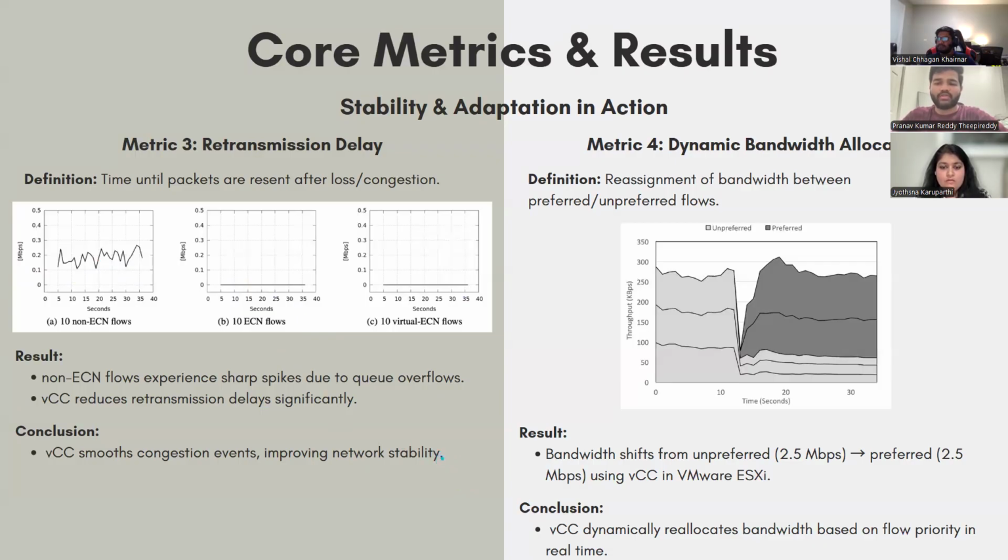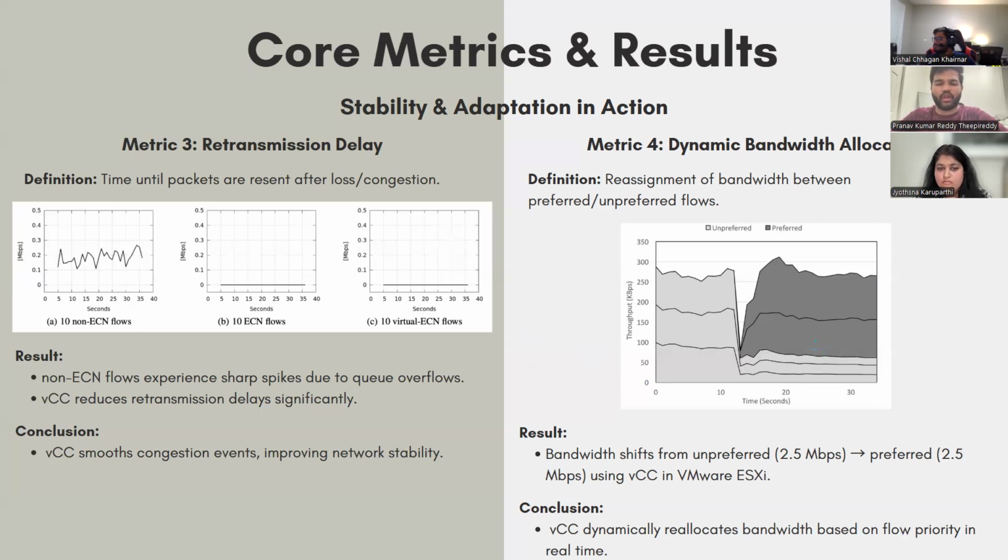Coming to metric 4 of the core metrics and results, I would like to talk about dynamic bandwidth allocation. The basic definition of dynamic bandwidth allocation is reassignment of bandwidth between preferred and unpreferred flows. You can see in the graph there is an unpreferred flow going from 3 to 1, and then the preferred flow picks up from 1 to 3.